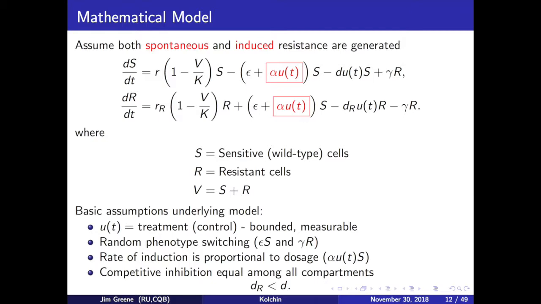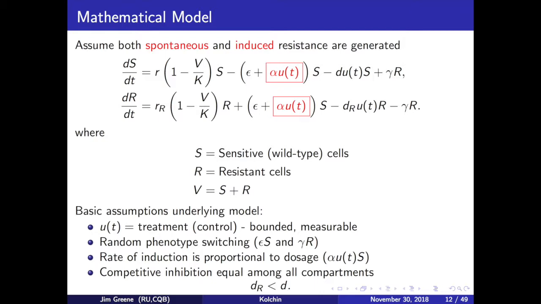So we're interested not just in the induced resistance, but in how sensitive cells and resistant cells compete with one another. That's also a fairly new concept, people call it metronomic therapy: the idea that you can leverage the fact that sensitive cells inhibit the amount of resistant cells that are growing. If you kill too many cells, then S gets low, and therefore this term gets close to zero, so resistance can just grow.